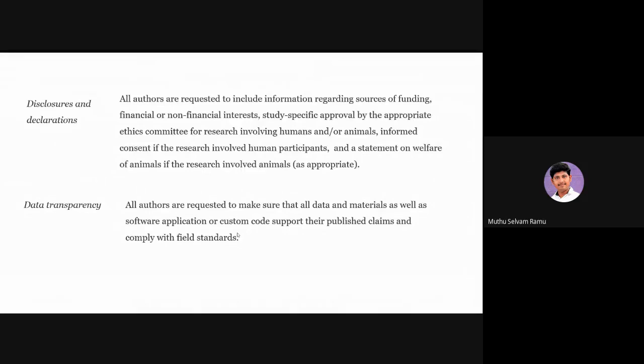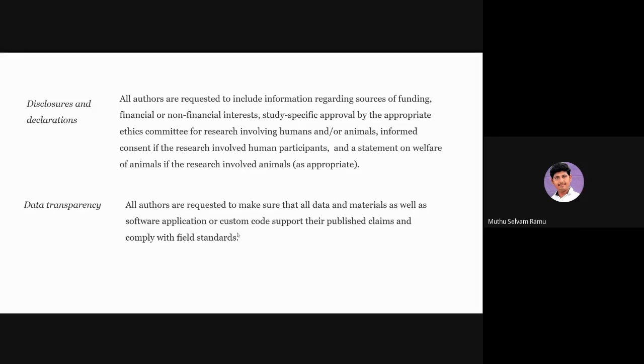You cannot add anybody to the author list. If they made some mistake in their research, your credibility will also be insulted. So it should be transparent between the authors, and there is no image duplication from other articles.